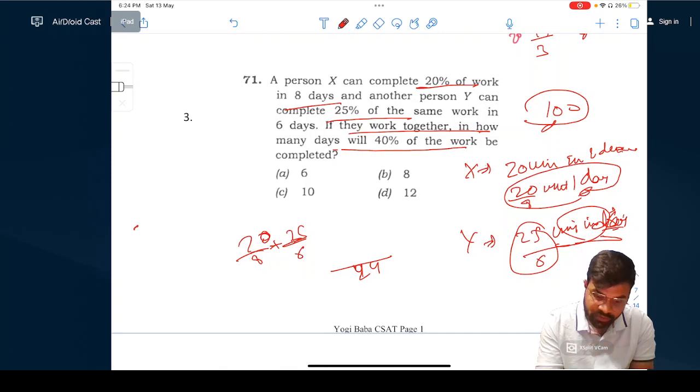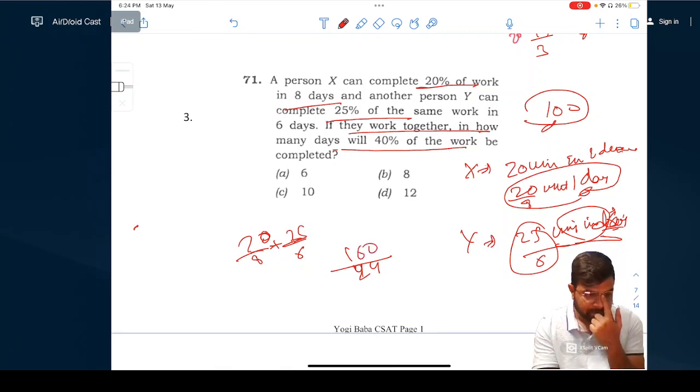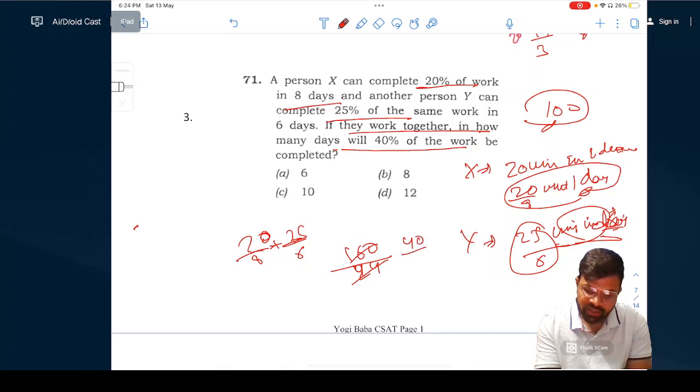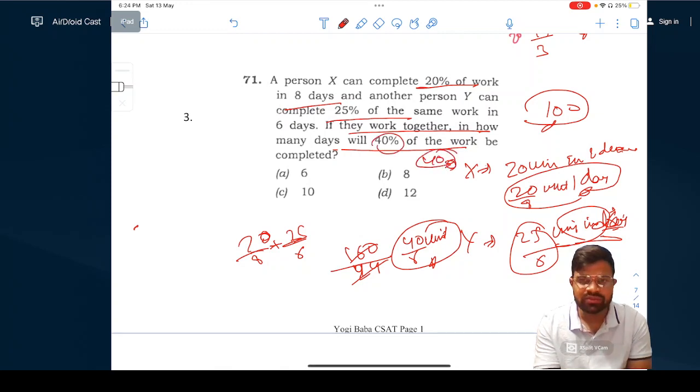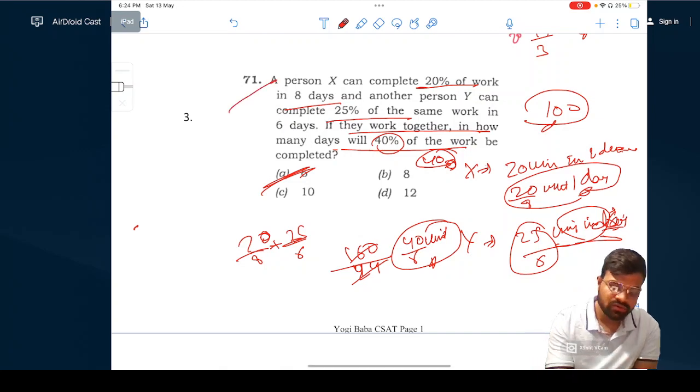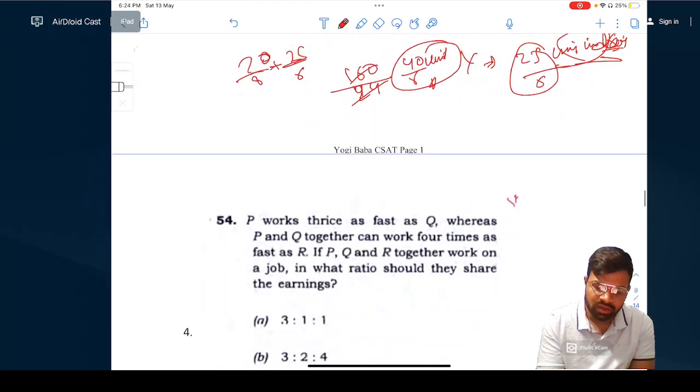So this should be 20 into 3, 60, and this should be 25 into 4, 100. So 160 by 24, when you divide it by 4, it will be 40 by 6 units per day. And we have to find 40 units, so in 6 days they will do 40 units.